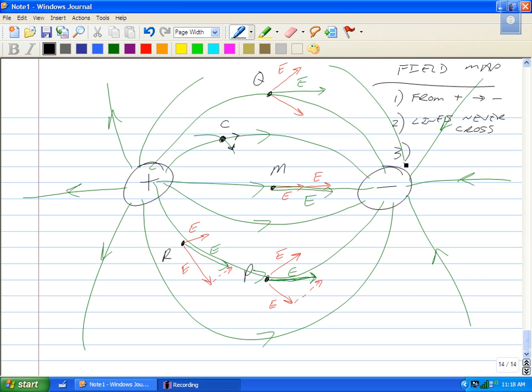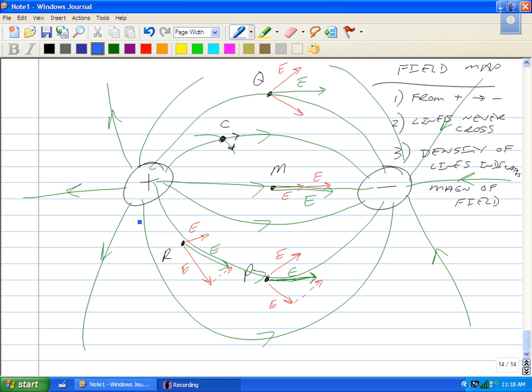The third convention is that the density of the lines indicates the magnitude of the field. In other words, the tighter together the lines are, the stronger the field is at that location.